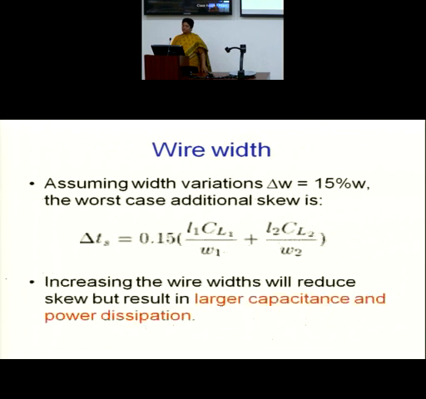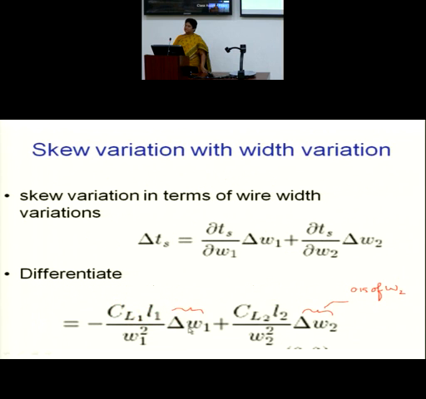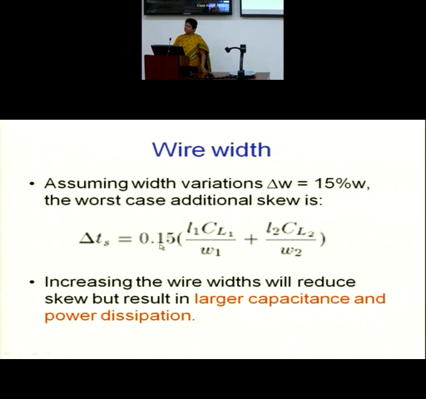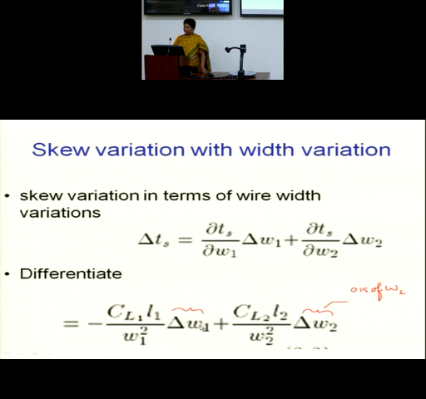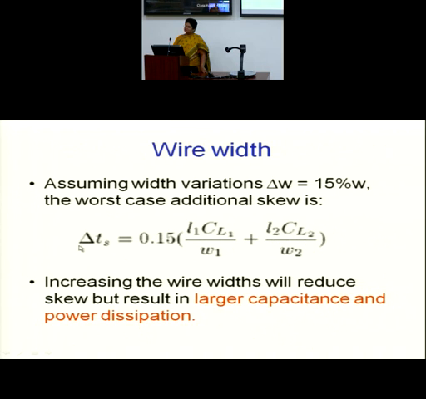Once we know that, if I say this is plus minus 15%, this would be 15% of your nominal value. Whatever nominal value you have, changes can be plus minus 15% about that. So it comes out to be 0.15 into W. And this is W1 square, it cancels out, only W1 is left in the denominator, because you would have a W1 here and W1 square there. Now delta Ts is proportional to this expression, where this is a number coming from the technology part.